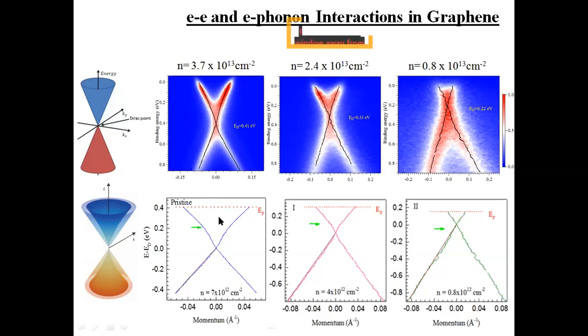Now I will show how the electron-electron interaction is also present here, and how it influences the band structure. In the case of graphene, it is known that if we decrease the carrier concentration inside the sample, the electron-electron interaction will increase. Because if you decrease the carrier concentration, the Coulomb interaction between two electrons is not sufficiently screened.